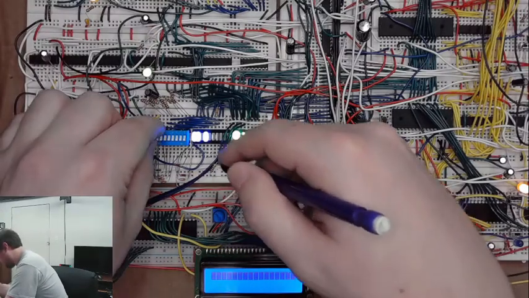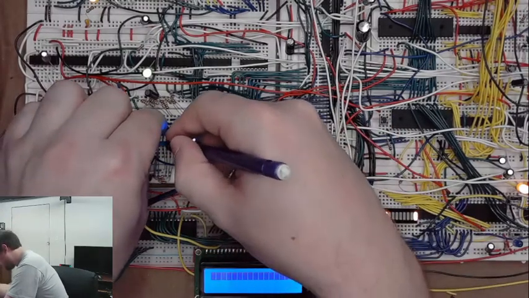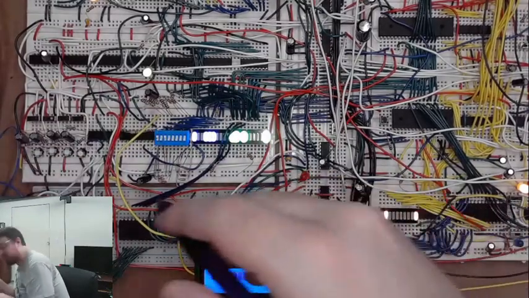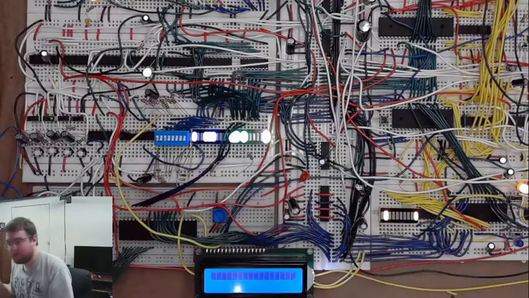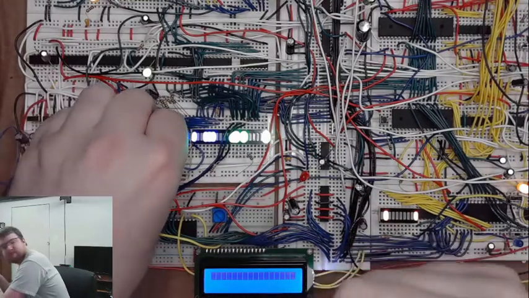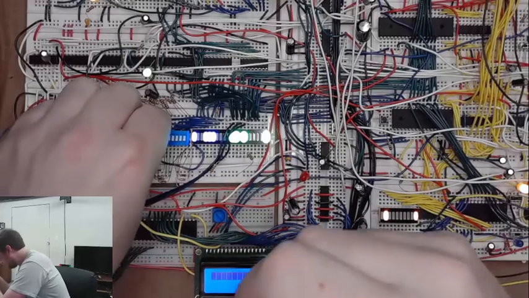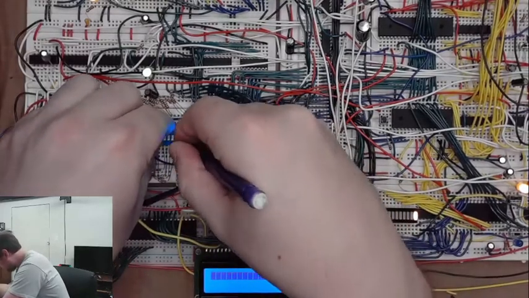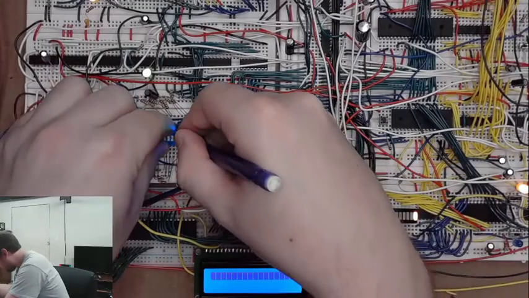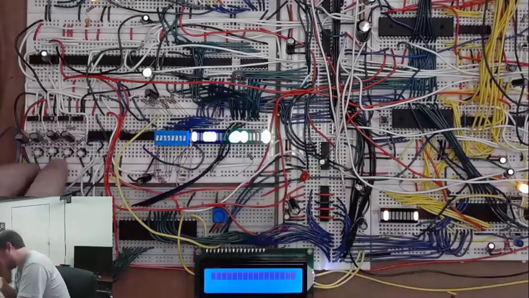This should be 5. This, okay, now we're to B, which is where we should be. 4C, which is this, and these two, that's 2C, 4C.